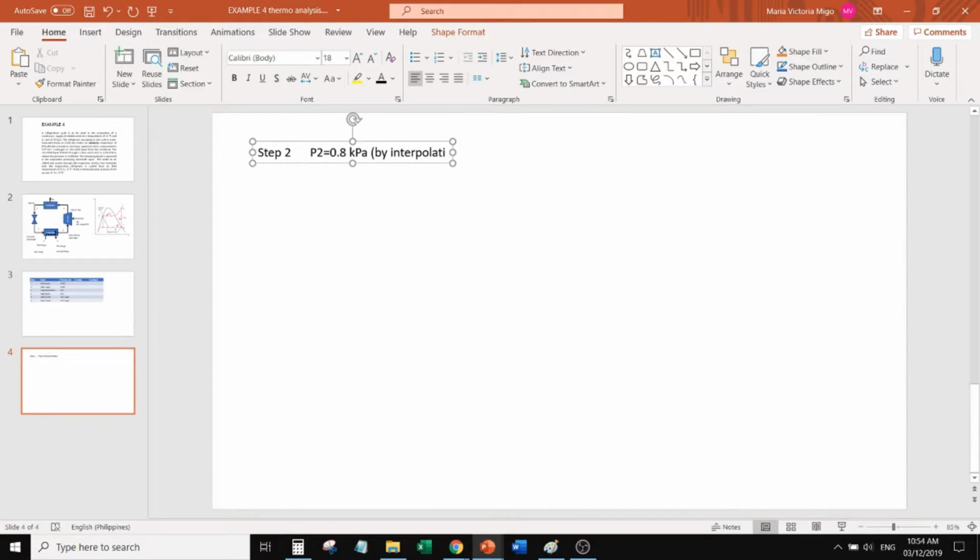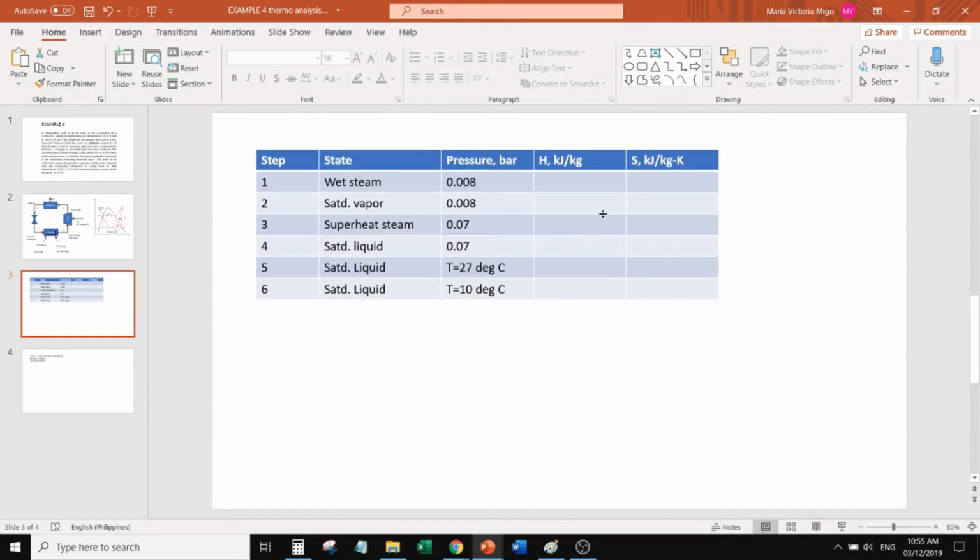The saturated vapor HV, or H2, is equal to 2508.48. SV equal to S2 is 9.05861. Let's update our table. That is from the steam table via interpolation.